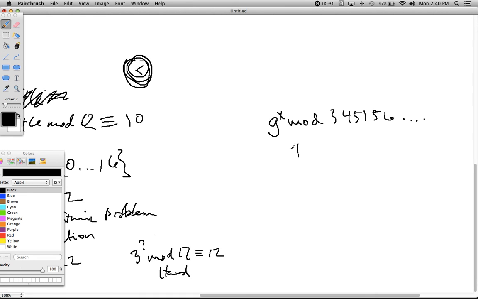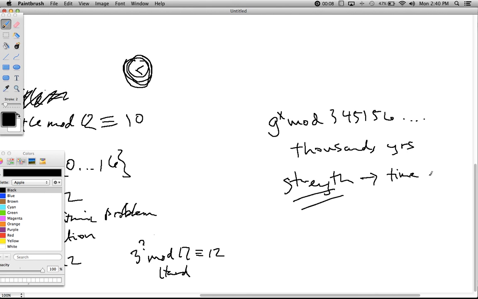Even modern day computers would take thousands of years to solve this. And before I run out of time, this reveals a very important aspect of one-way functions, in that the strength of a one-way function is how much time it takes to reverse it.